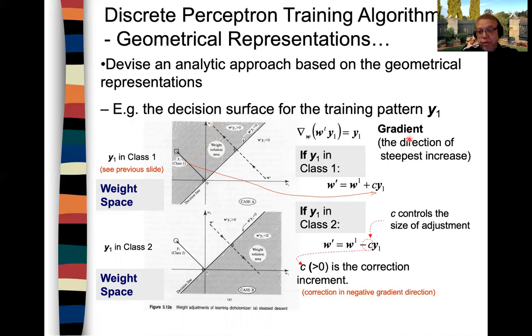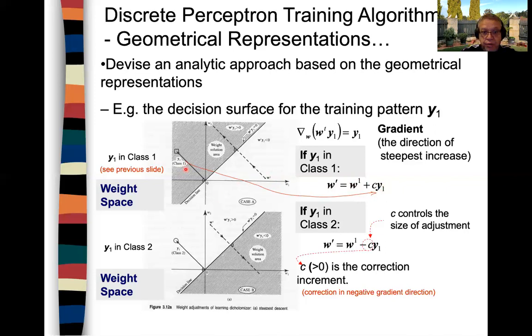And the way to do it is to compute the gradient. So I compute the gradient with respect to W of W transpose Y1, and this would be equal to Y1. So since my Y1 is in class 1, according to my learning rule, the new weight has to be equal to the old weight plus C times Y1.